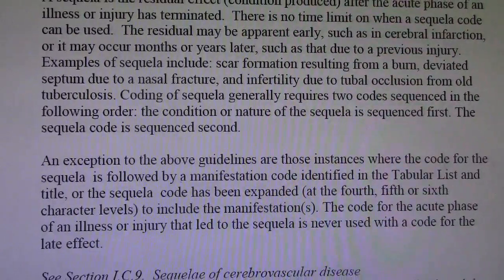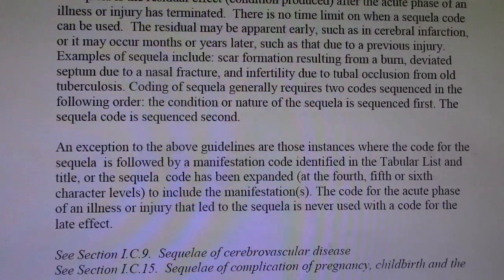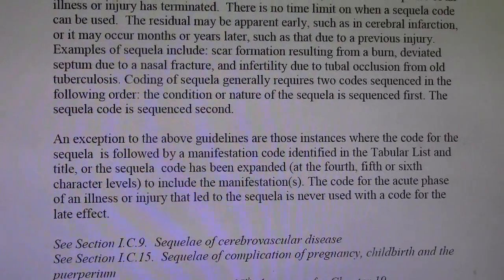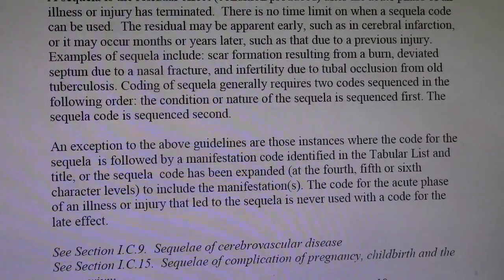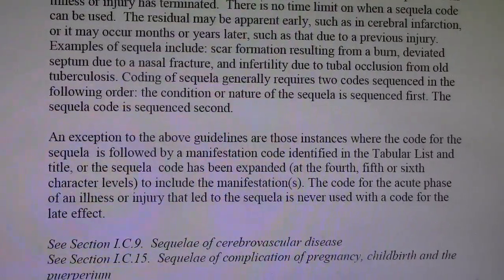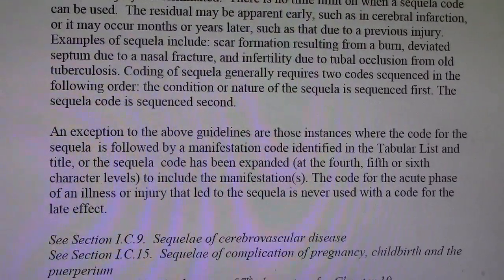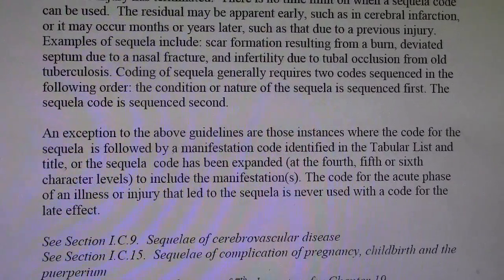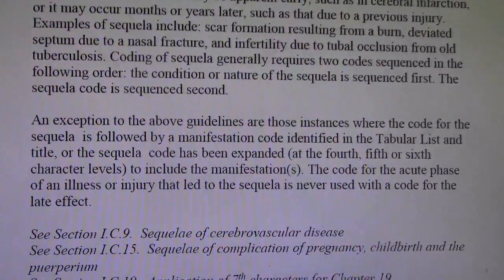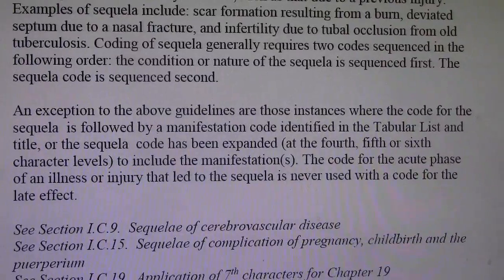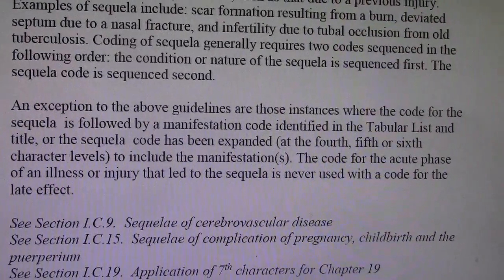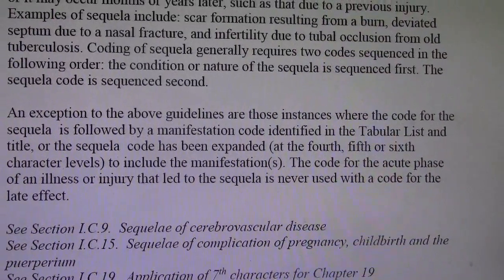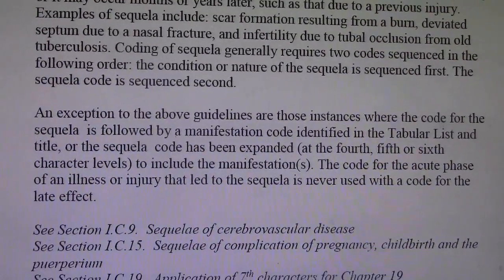Now, there is an exception to the above guidelines, for those instances where the code for the sequela is followed by a manifestation code identified in your tabular list, and title, or the sequela code has been expanded at the 4th, 5th, or 6th character level to include the manifestation. The code for the acute phase of an illness or injury that led to the sequela is never used with the code for the late effect.